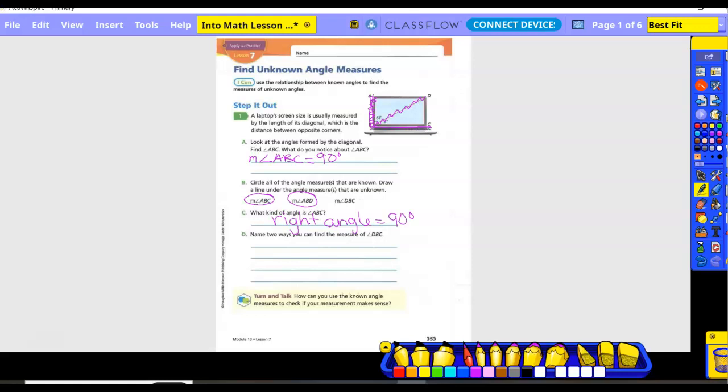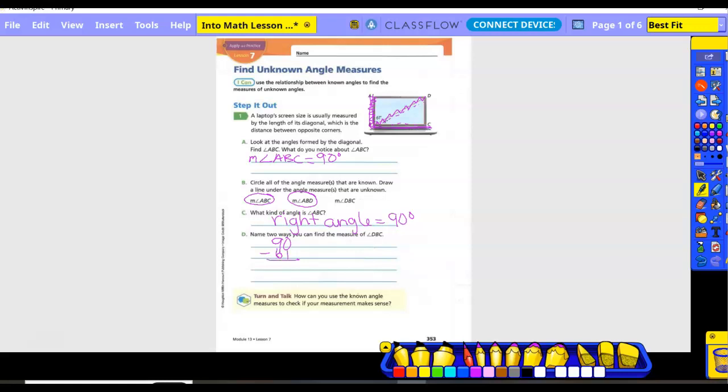Okay, so now to find, they said DBC, okay, so they want to know this angle right here, right? Okay, what can we do to find it? What do we know that full angle is? 90 degrees, right? Okay. And then what is the angle of ABD? 61, right?